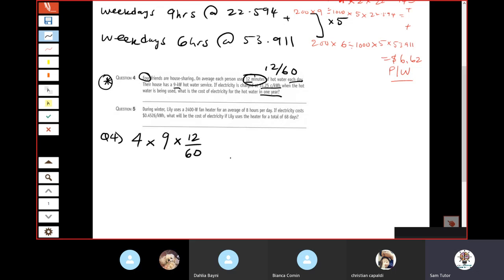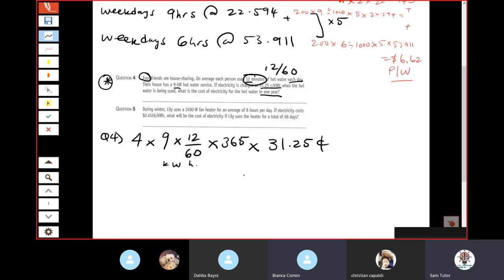Do we all agree with that at least so far? 4 people using it for 12 minutes in terms of hours, and then 9 kilowatts. So now I've got kilowatt hours. They use it for 1 year, so that's per day. 4 people per day times 365 days times, easy, 31.25 cents.